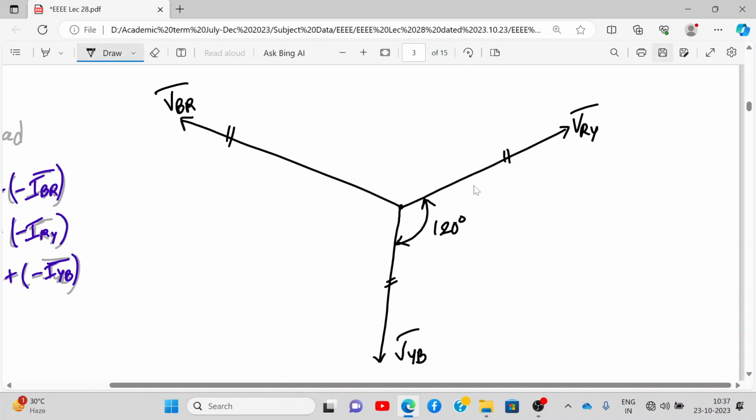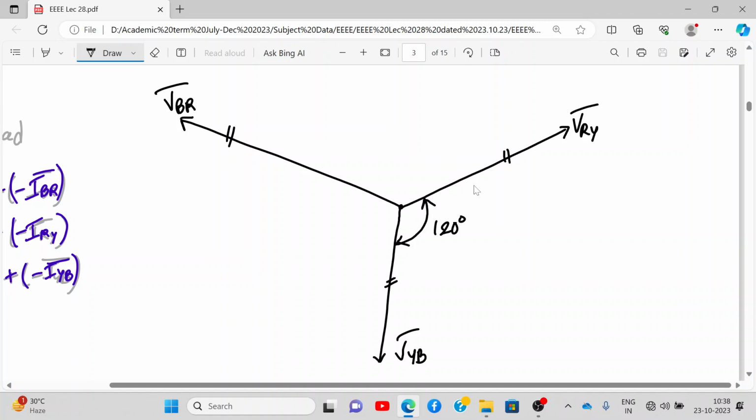Okay. Now how will you proceed forward? Here, phase voltage and phase current are different. Line voltage and phase voltage are same. So here we have to draw with respect to currents. Since it's an inductive load, current will be lagging.